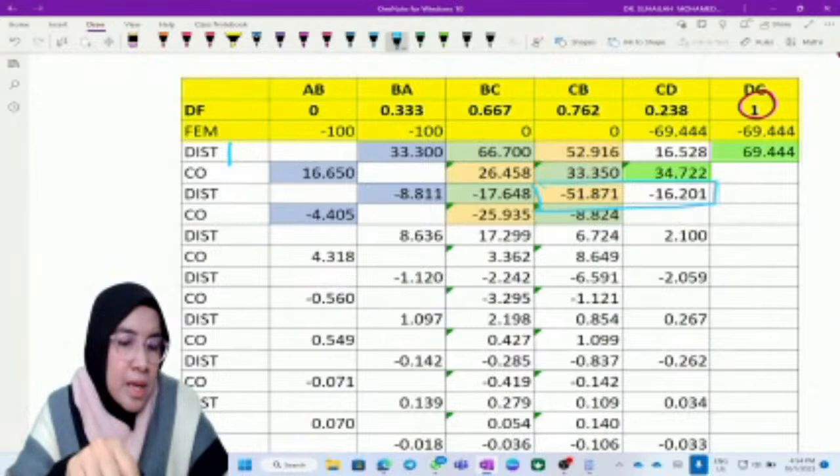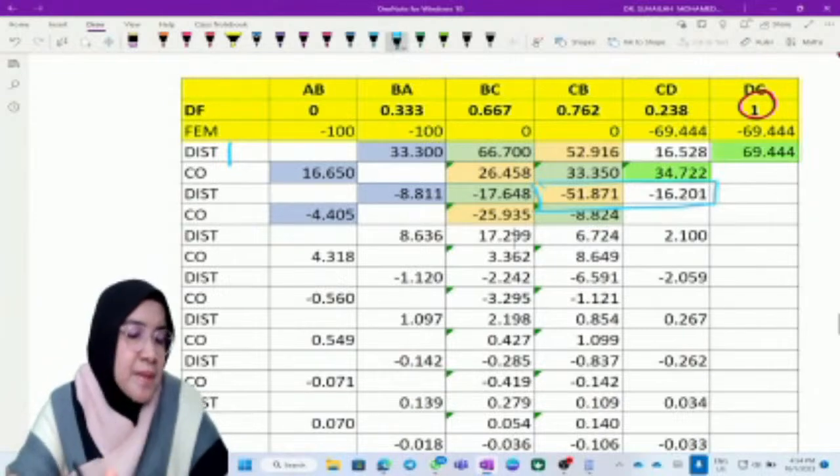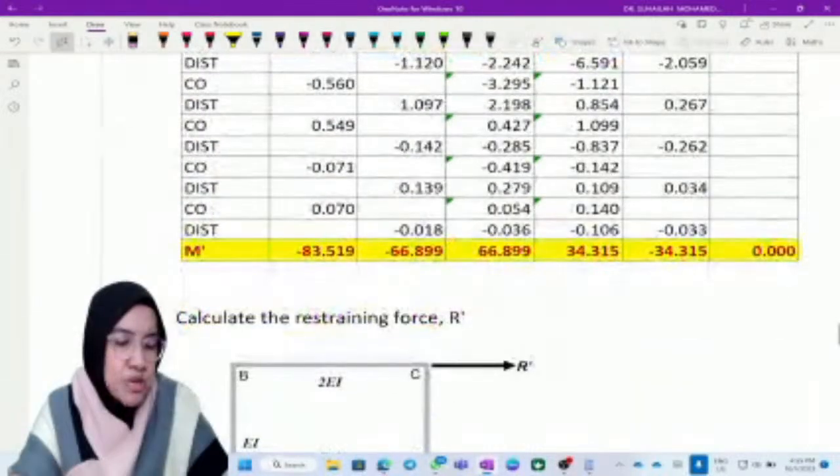Then we get negative 0.828. Okay, and then we continue the process until the last distribution. This one is the last distribution. Stop at distribution, and we have to total all the moments.